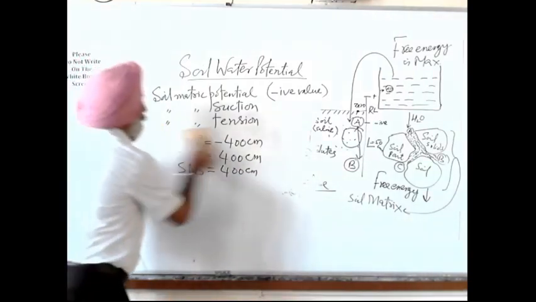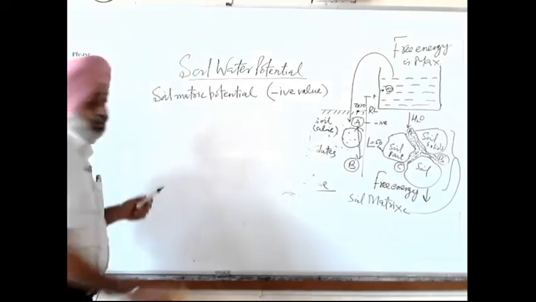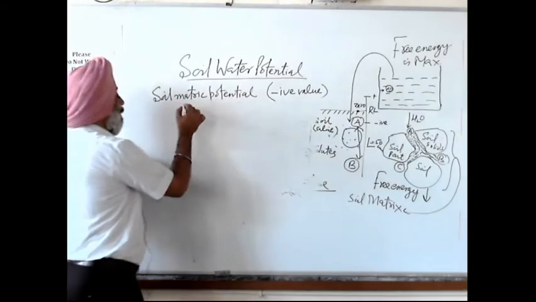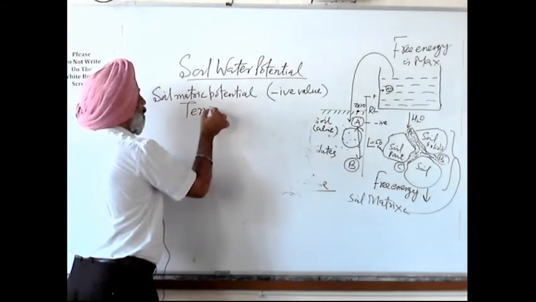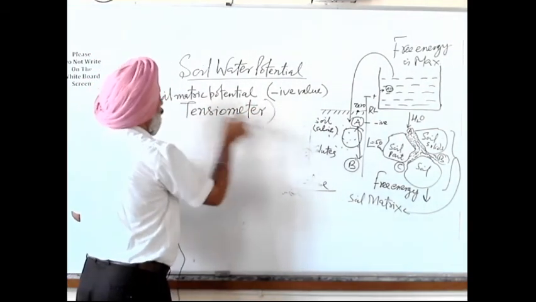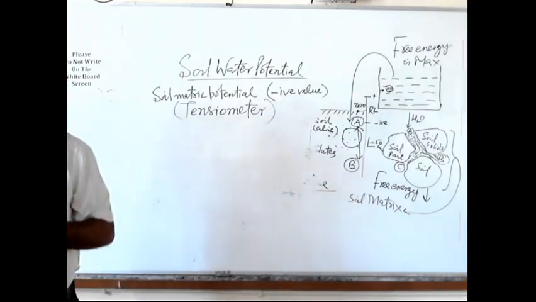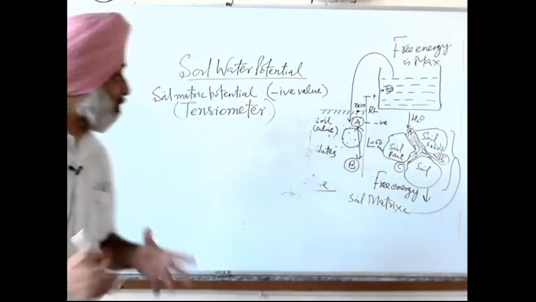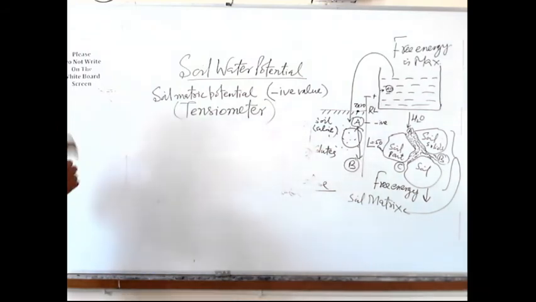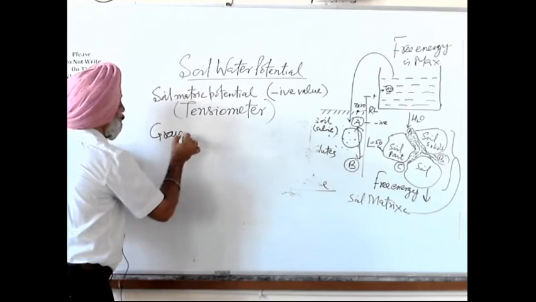Then this suction, potential, tension, matric potential, is measured by an instrument which is called a tensiometer. A very simple instrument which gives you the value of the negative energy or the force with which water is held in the soil. Then gravitational potential.